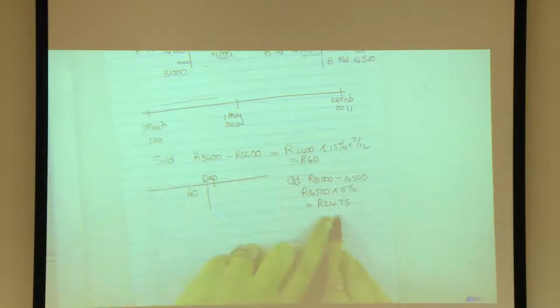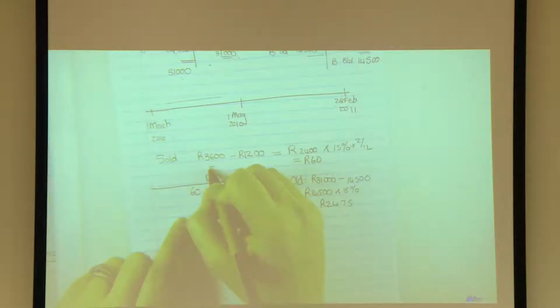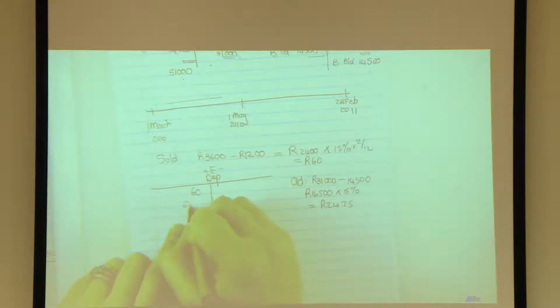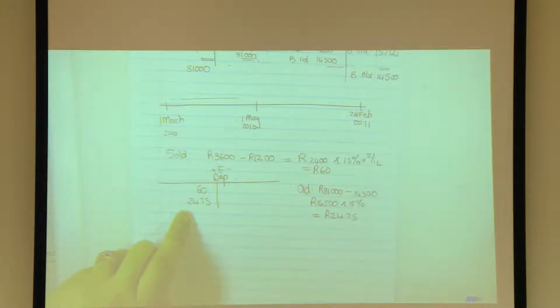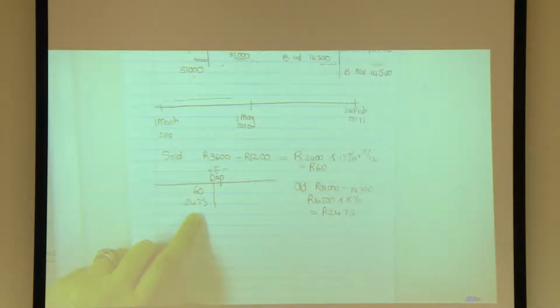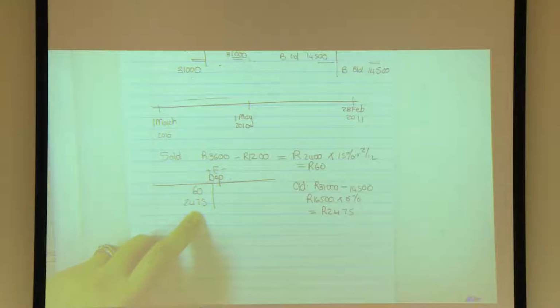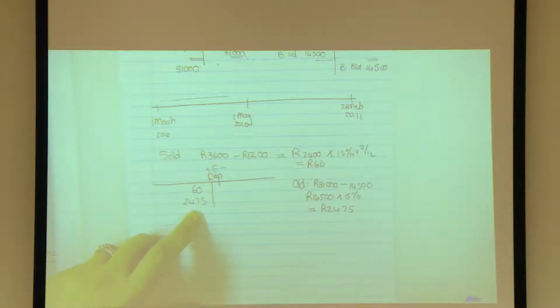And where must that be added? To your depreciation account. So go to your income statement. What do you need to add? 2,475. Right.